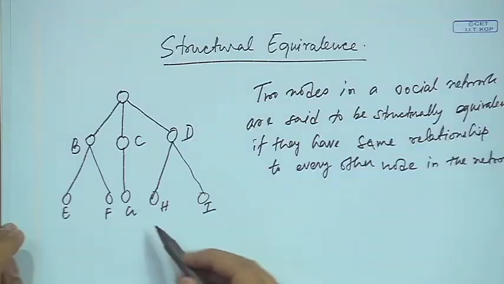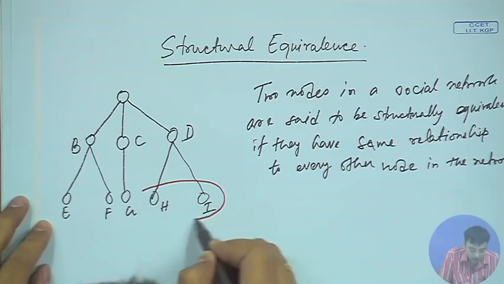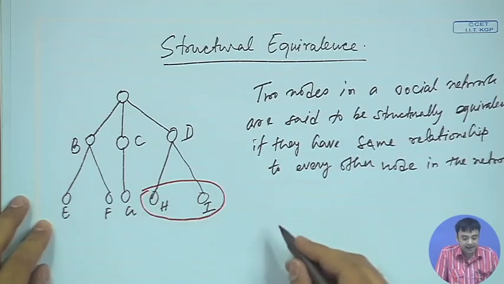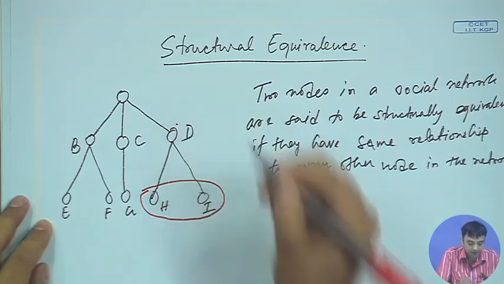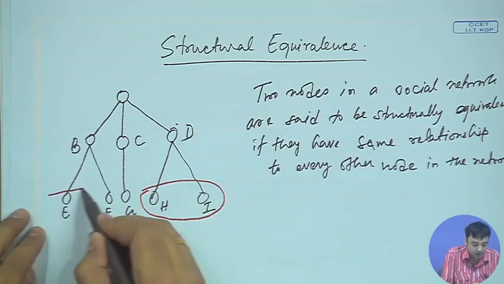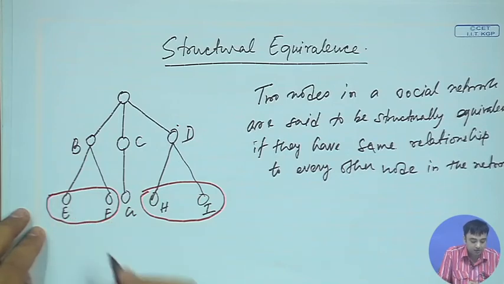And once you have such a definition, immediately this Wassermann-Faust graph that I have drawn here can be classified into structurally equivalent classes. So, let us see some of the nodes which are structurally equivalent. If you investigate this particular graph, you will see that the nodes H and I have exactly the same set of neighbors, which is only D, and the nodes E and F are structurally equivalent.